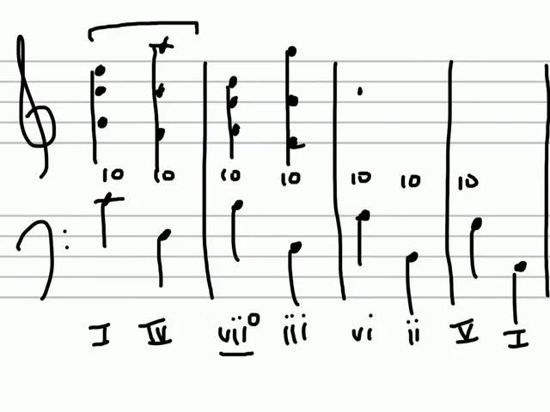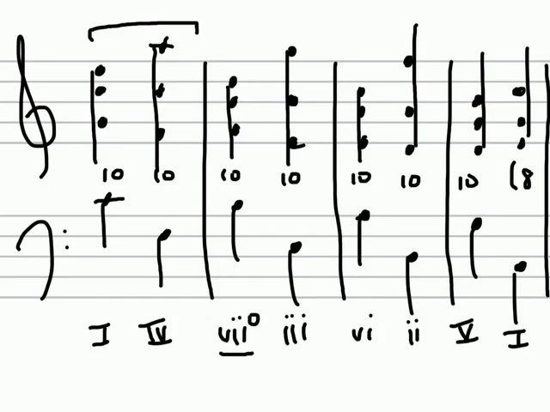So there we go there, down a step here, and there, and then finally we don't have a tenth at the very end where we make a cadence, but actually we have our perfect authentic cadence.